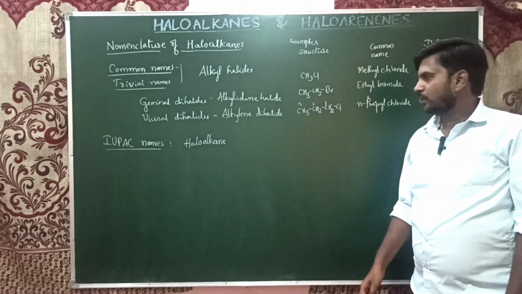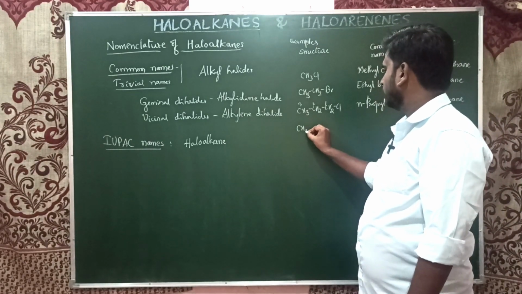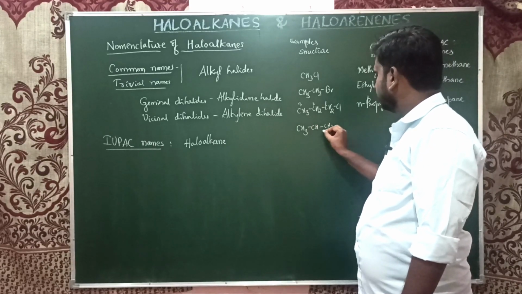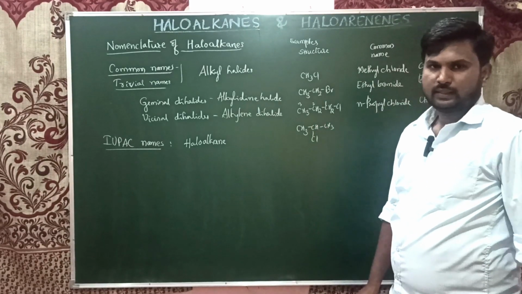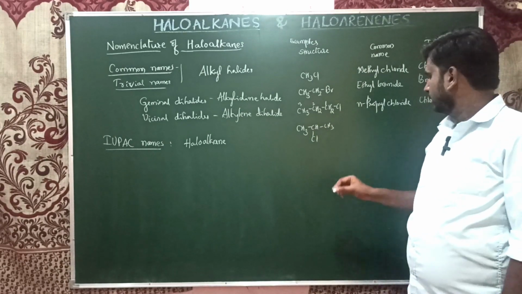One of its structural isomers, that is the position isomer, CH3CHClCH3. The common name of this compound is isopropyl chloride.